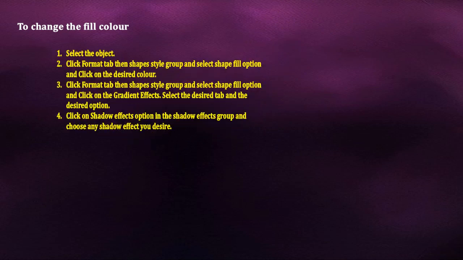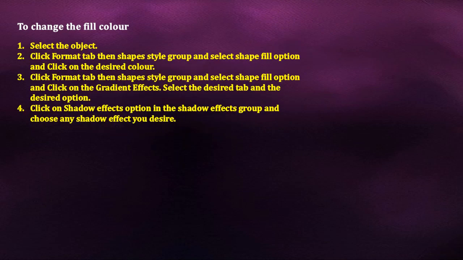To change the fill color, once you have colored the object, how can you change the color? There are many options. One is the option where you can put the desired color. Then there is another option of gradient effect and the third option is the shadow effect. Now let's see. First we have to select the object.